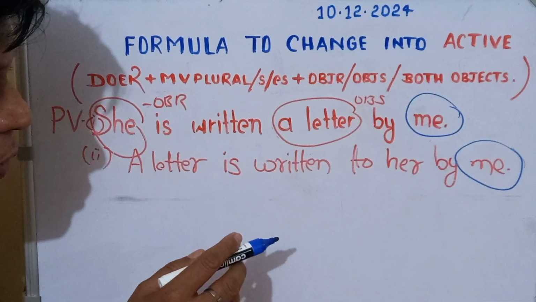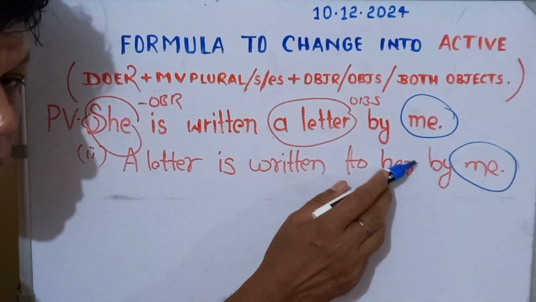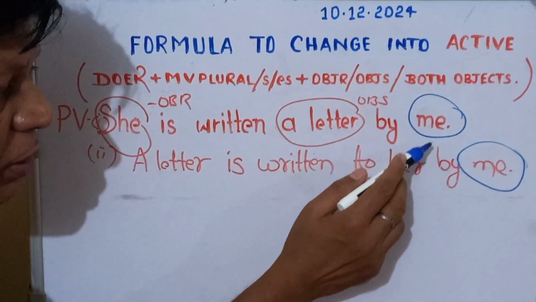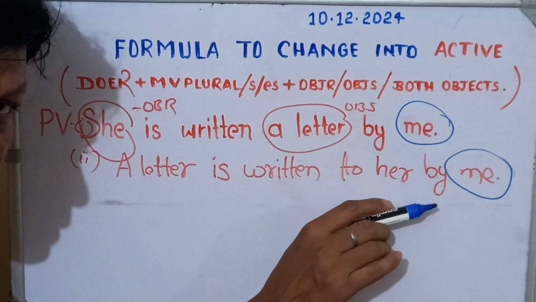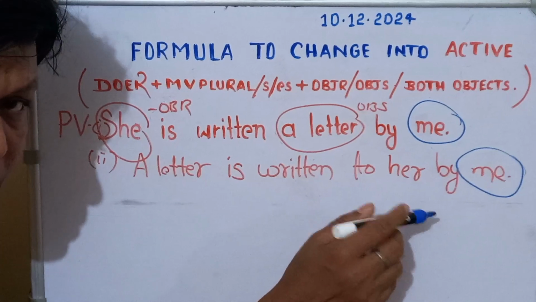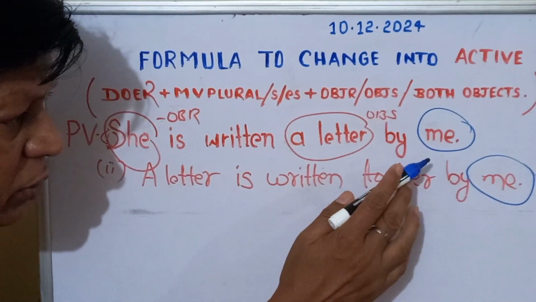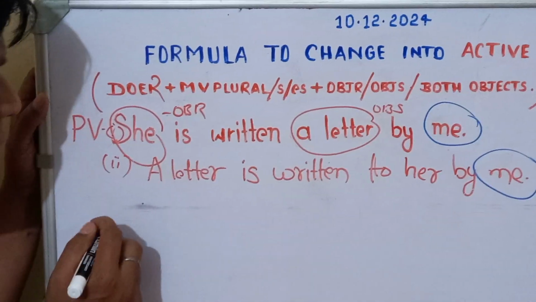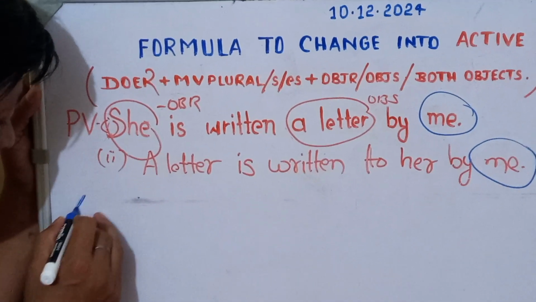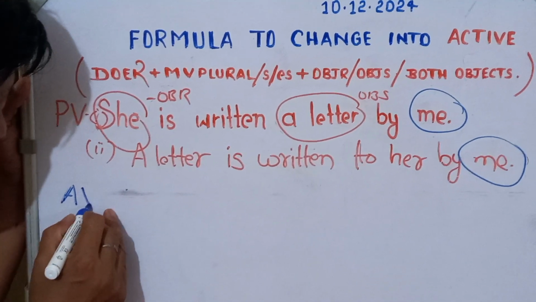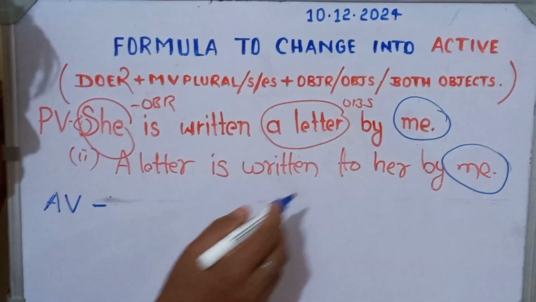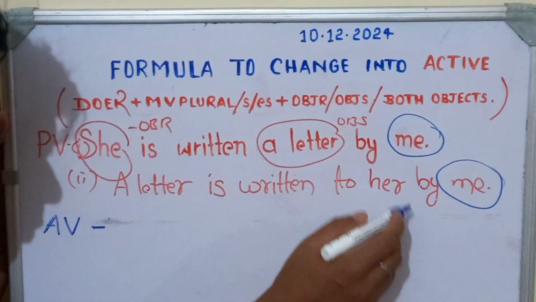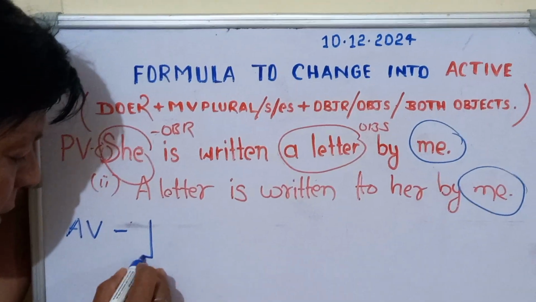Because me is in objective case, we change objective into subjective. So subjective of me is I. Now we can write here active voice.